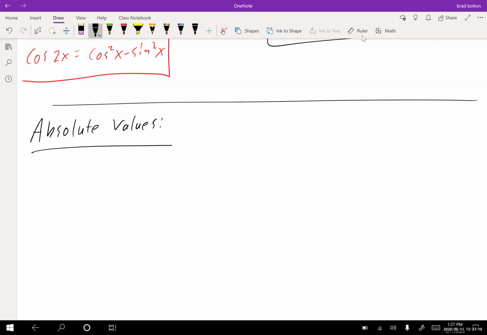Absolute values are a little bit more difficult. You have to be a little bit careful. So suppose we are given that v of t is the velocity function.